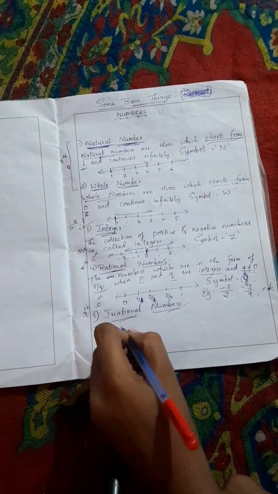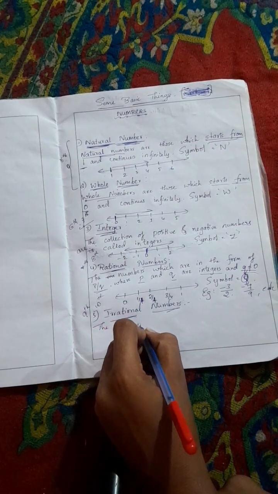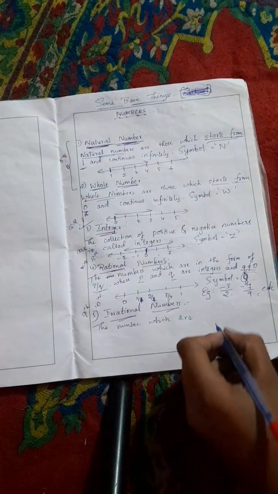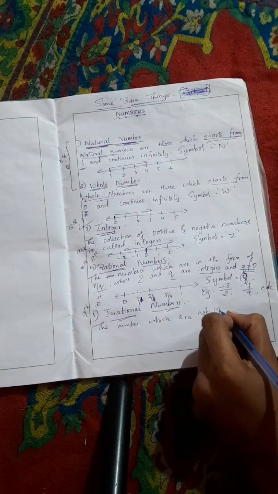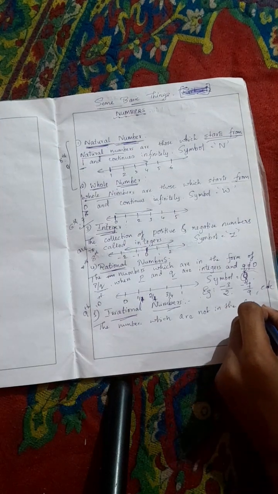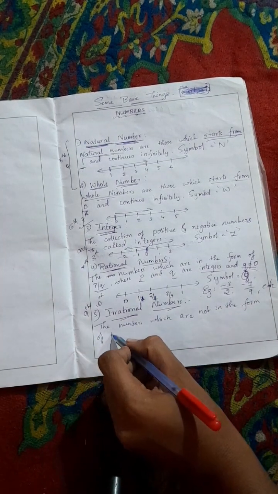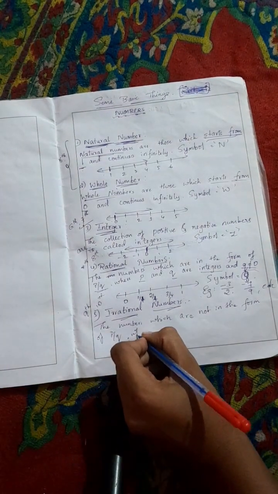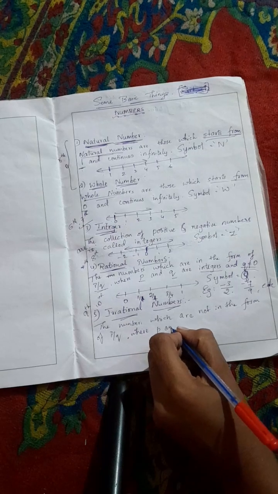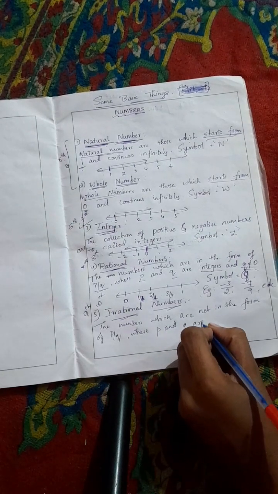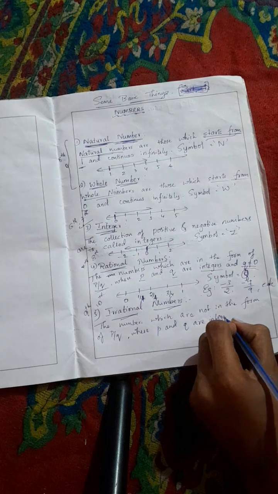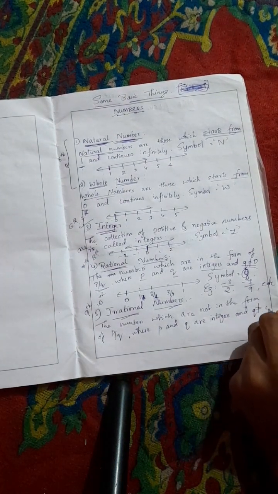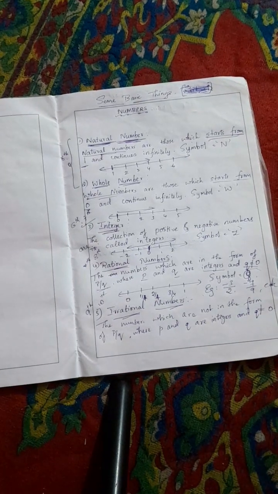The numbers which are not in the form of P by Q, where P and Q are integers and Q is not equal to 0, are called irrational numbers.